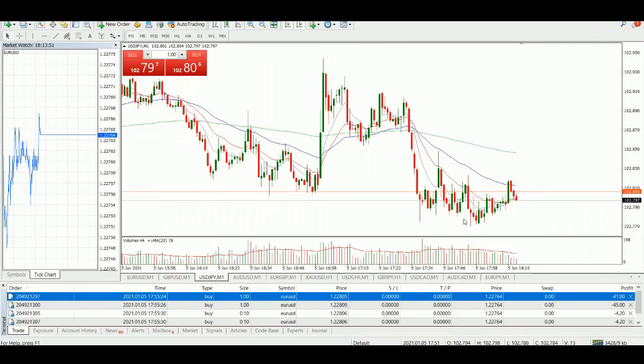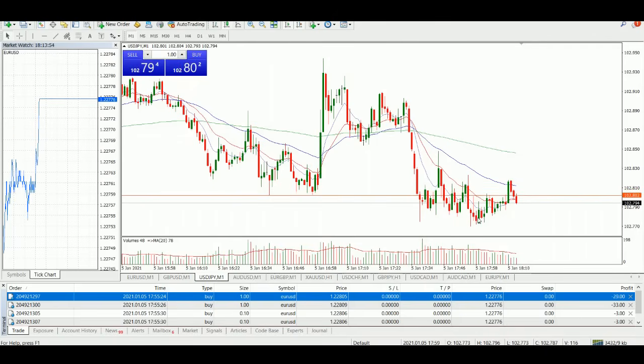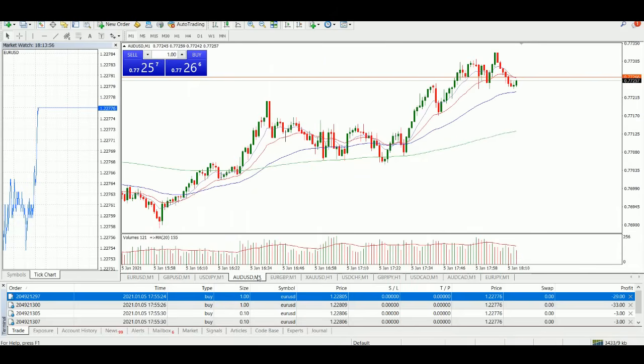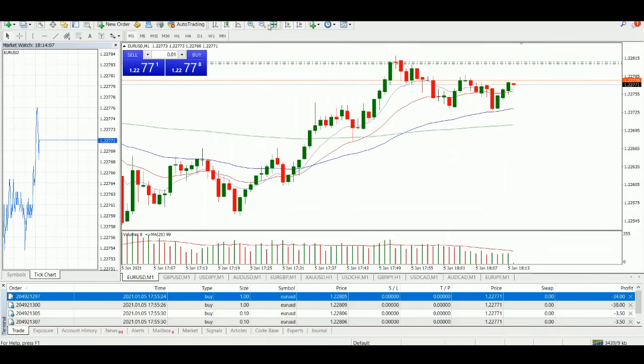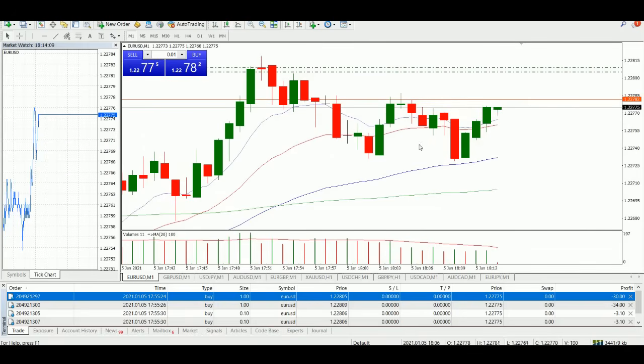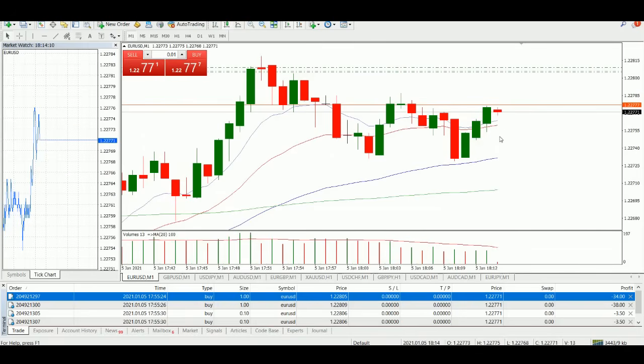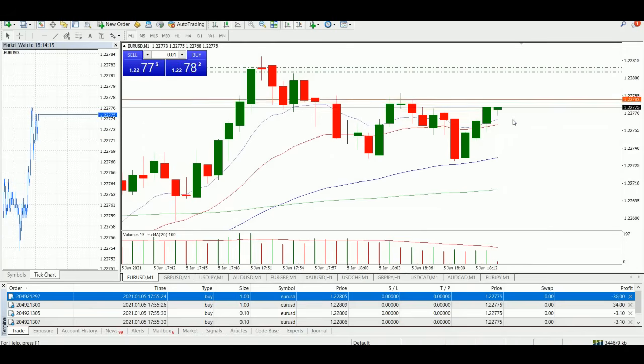USD yen, as I told you, it's a great time to quit on this downtrend. For AUD dollar, after finishing this retracement, it would be bouncing up and continuing this uptrend. So it's worth waiting for it. Also, euro dollar, finally, we are waiting for these big green candles, and they are coming our way.